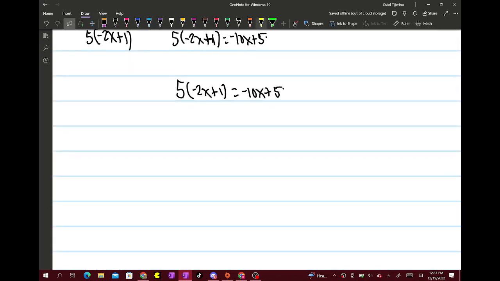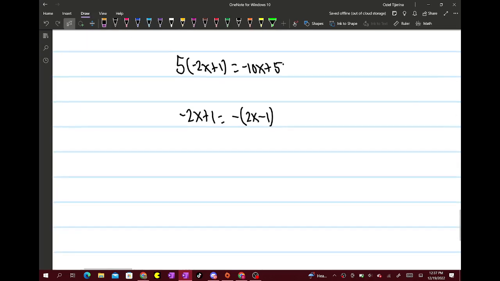But we would grab negative 2x plus 1, and we know that this is just negative the quantity 2x minus 1. So really, negative 10x plus 5 would be negative 5 times 2x minus 1, right?